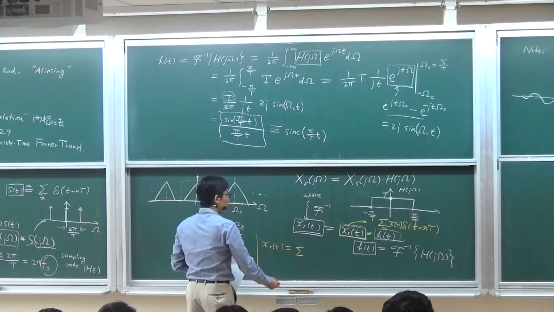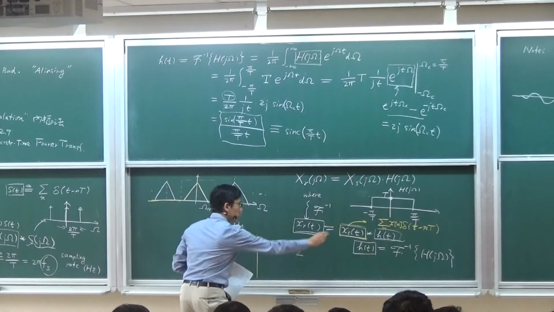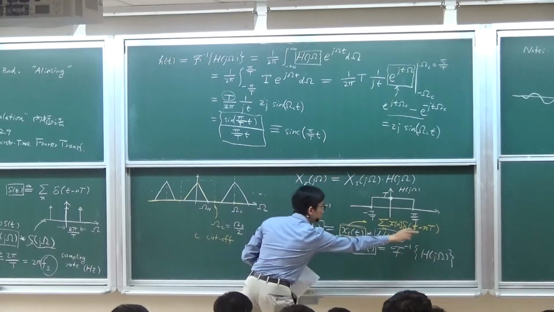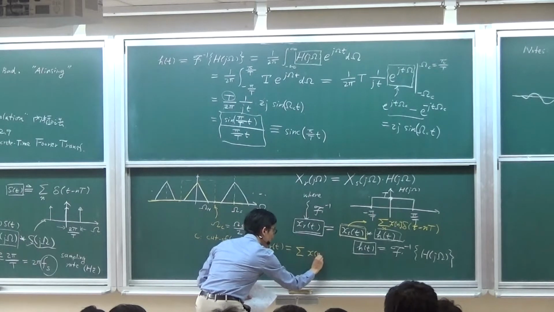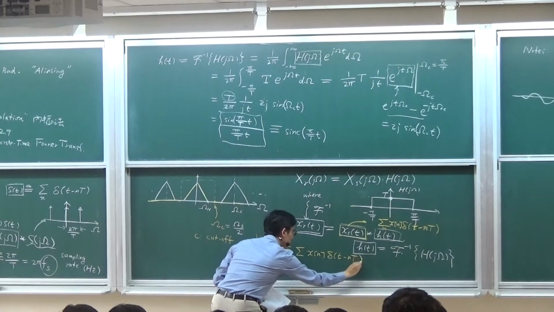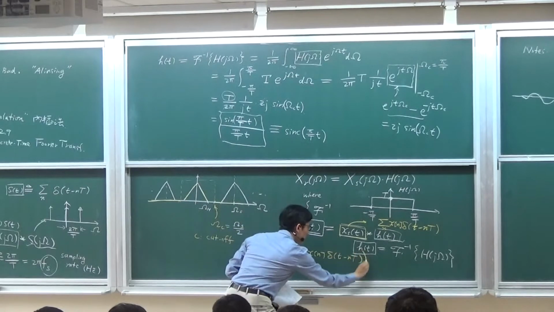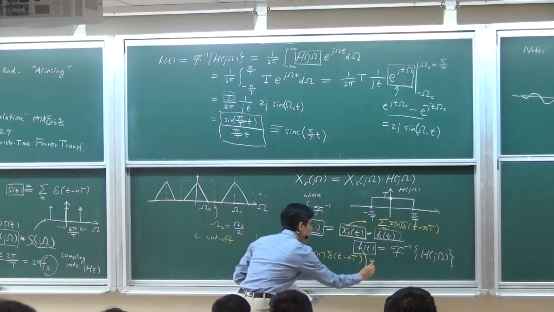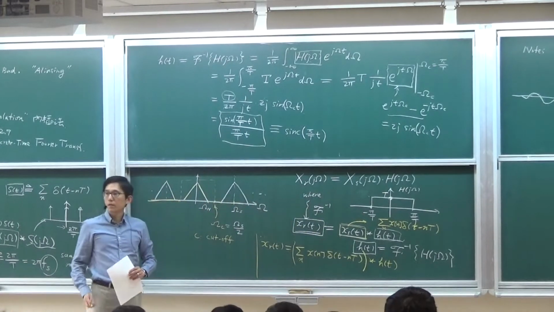So therefore, for the reconstructed signal we just substitute this term with this summation. We copy that expression, the summation over all n, which is one part of the signal, and we convolve this entire sum with h of t.